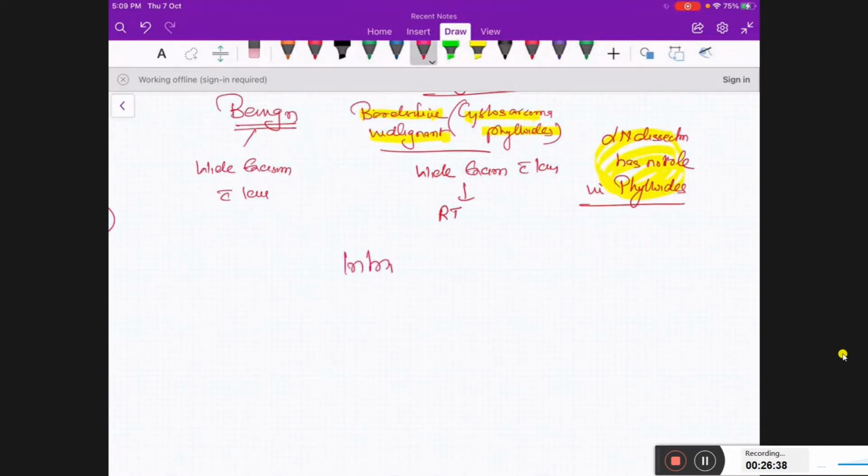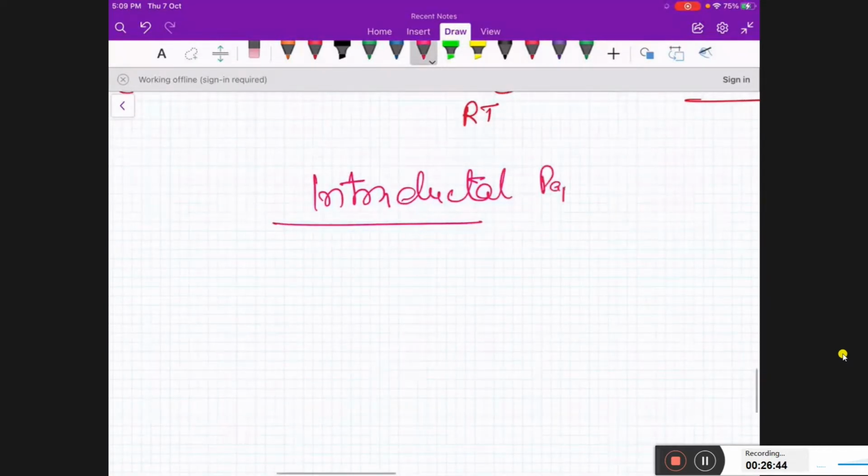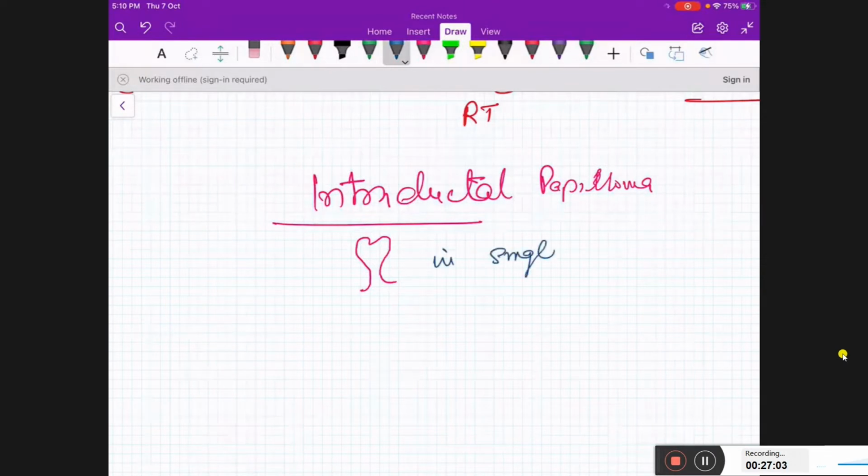Intraductal papilloma. In this intraductal papilloma, there is a polyp-like growth in a single duct.